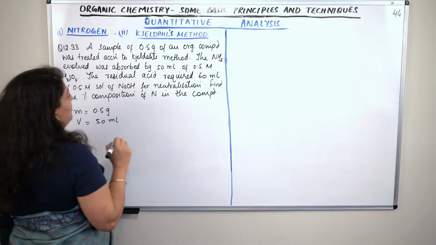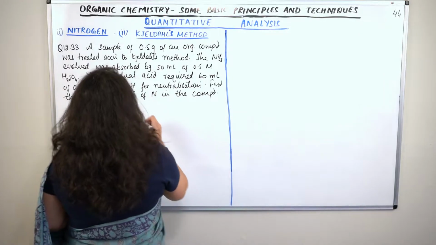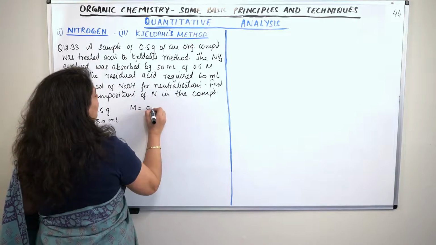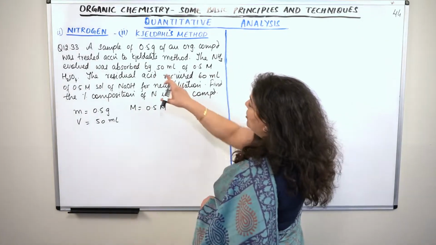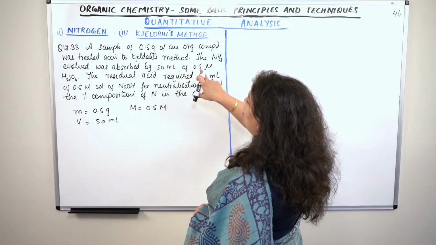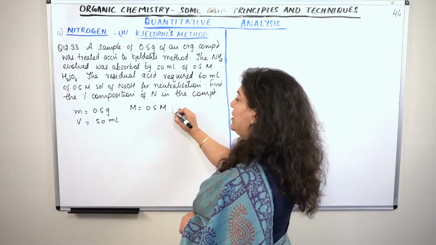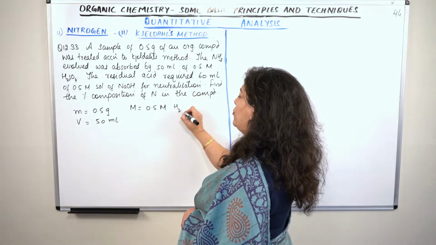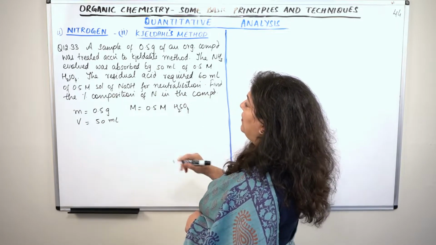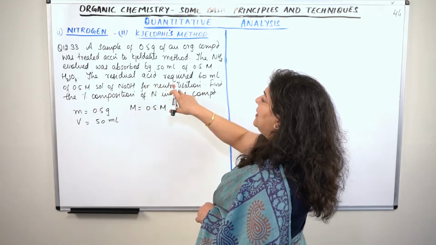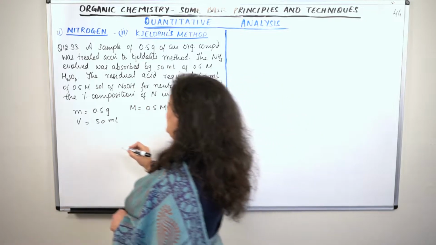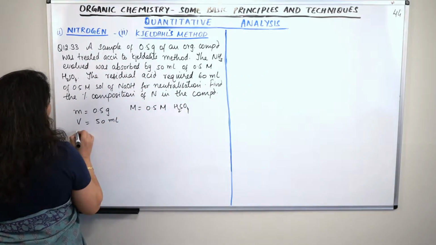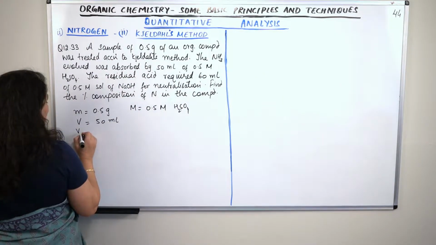It was absorbed by 50 ml, and what is the molarity? The solution is 0.5 molar. So 50 ml of 0.5 molar H2SO4. The residual acid required 60 ml of NaOH, whose volume can be written as V1.